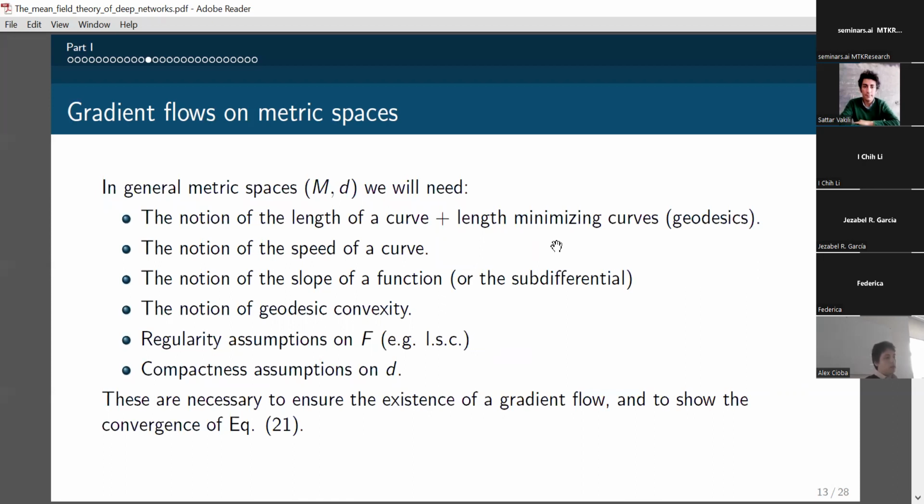So you'll need to be able to talk about length-minimizing curves in geodesics. You'll need to be able to talk about the speed of a curve, the slope of a function, or the subdifferential of a function, geodesic convexity, plus you need a bunch of assumptions on F, like lower semi-continuity, and certain compactness assumptions related to the distance function. So without getting into details on all of these things, they can be found in the reference section.